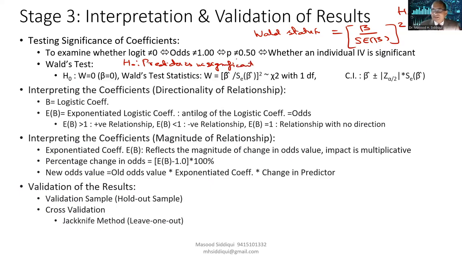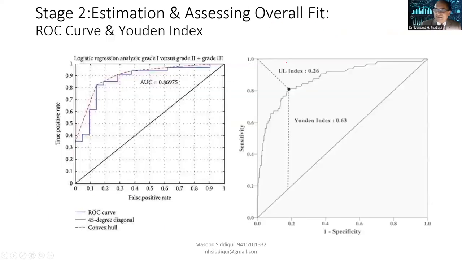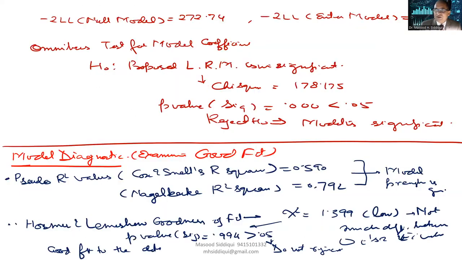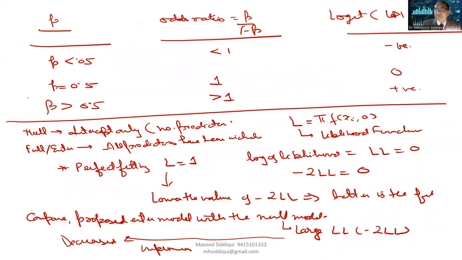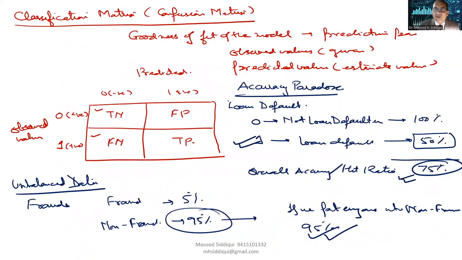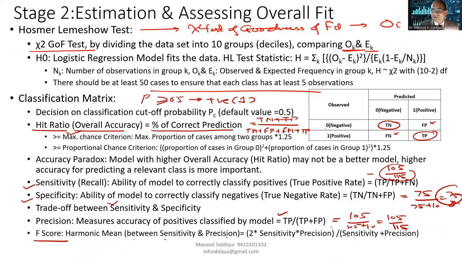If the predictor is insignificant, this is the case that I have introduced earlier also: the probability of classification would be exactly 0.5. So the odds ratio would be 1 and the logit would be 0. It means it cannot predict whether things would go to the positive class or to the negative class.